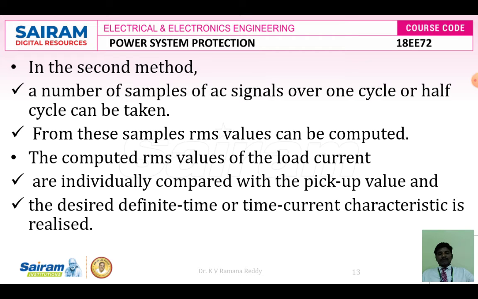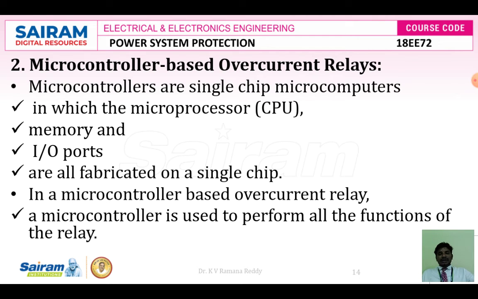When the RMS value of the load current is compared with the pickup value, the desired definite time and time current characteristics are realized, and it works like a relay. It works like an IDMT relay, a definite time overcurrent relay, or an inverse time overcurrent relay, depending upon the characteristics best suited for good operation.